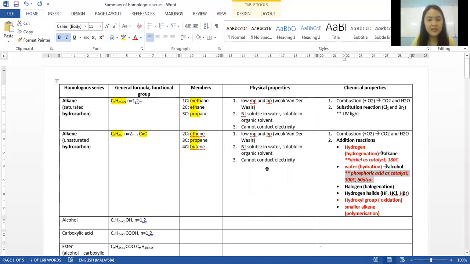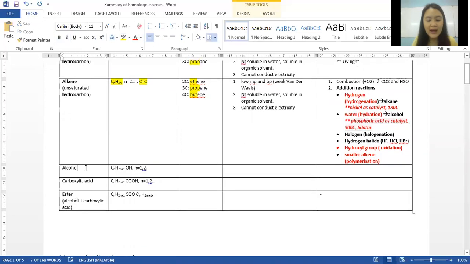Okay. All right, so with that, we have done a very quick recap on alkene. So we shall move on to the third homologous series. We have the alcohol group. Now, members of alcohol, like what I've mentioned just now, are non-hydrocarbon due to the presence of oxygen inside.